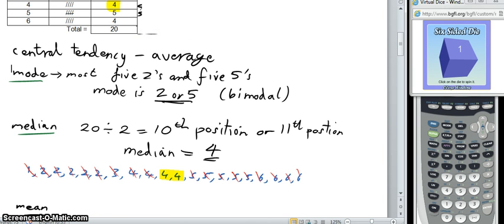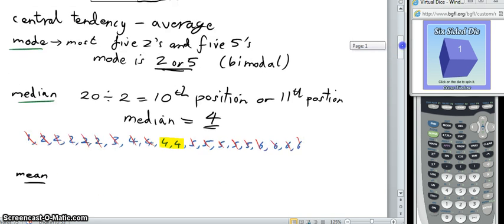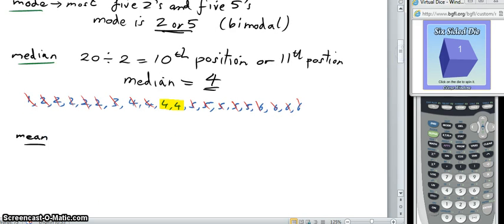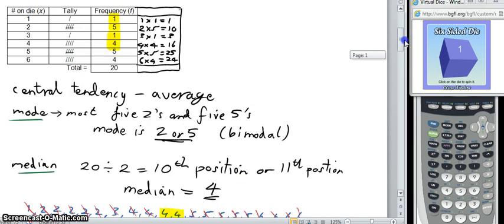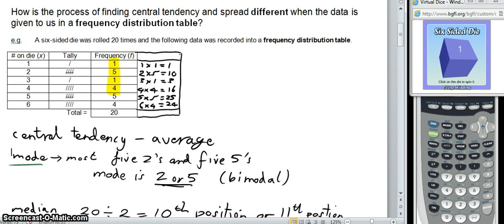But the total of all that lot, and this is where your calculator can come in. Very handy if you need it. What I've done is I've multiplied the frequency times x, that number. So this is f times x. What does that give me?